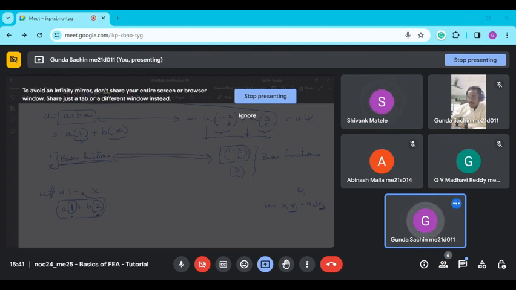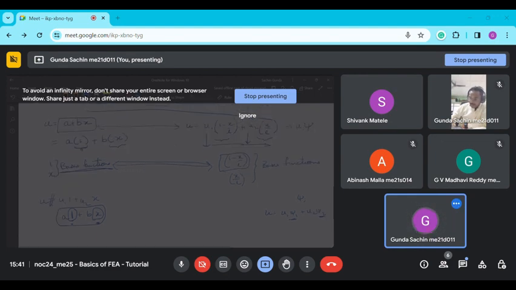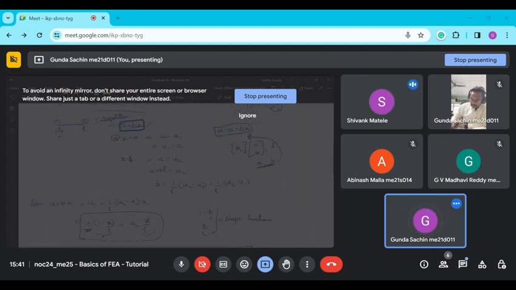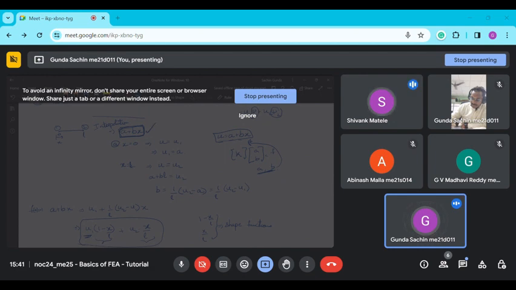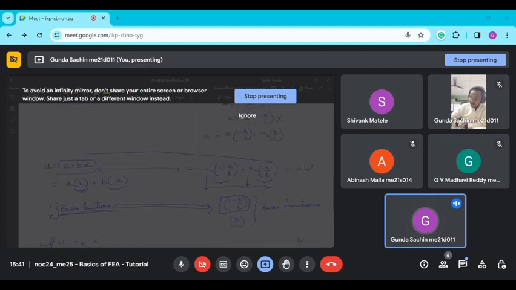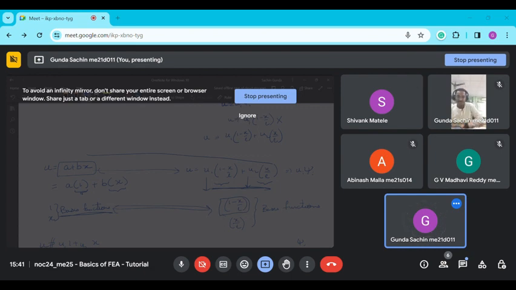That's it, and many more are also possible. You can write it in a very different way than these two as well. When you say a plus bx, it is straightforward to think of as a linear function, and when you write it in the other form it is very straightforward to think in terms of solutions at degrees of freedom.